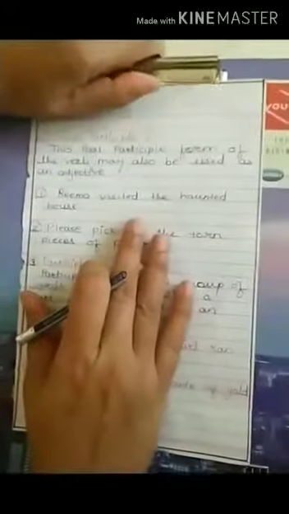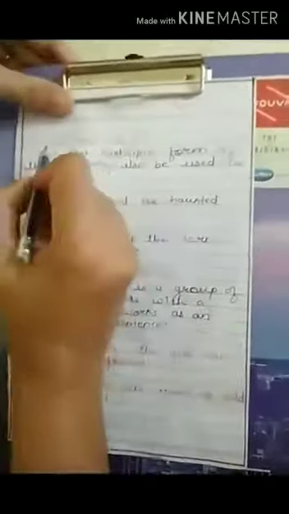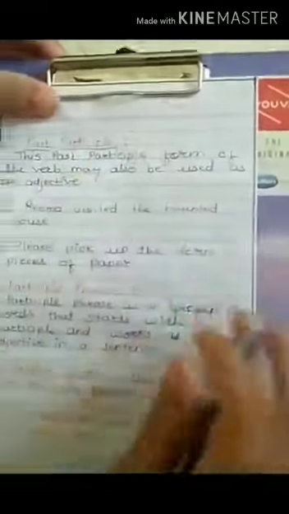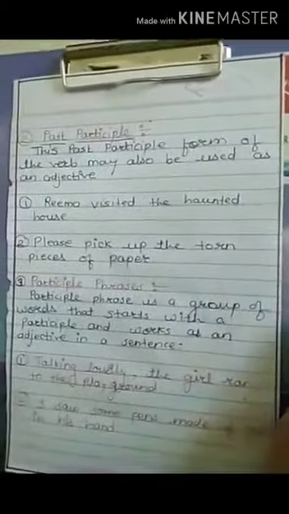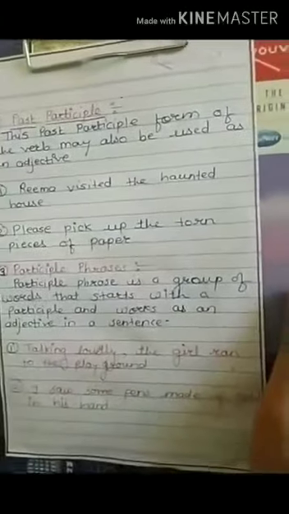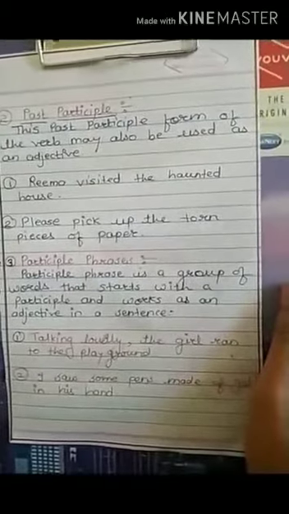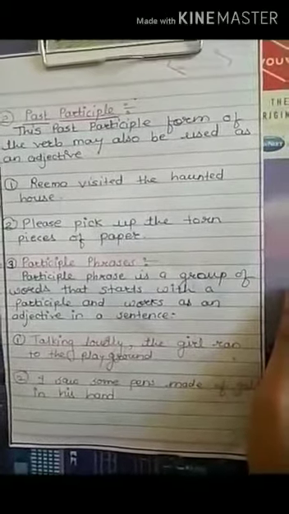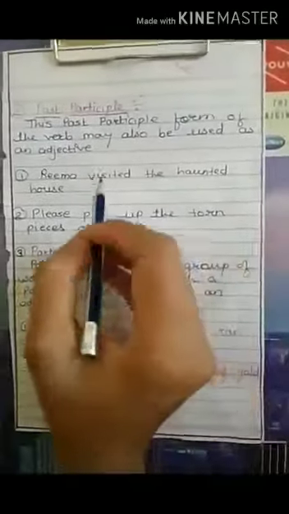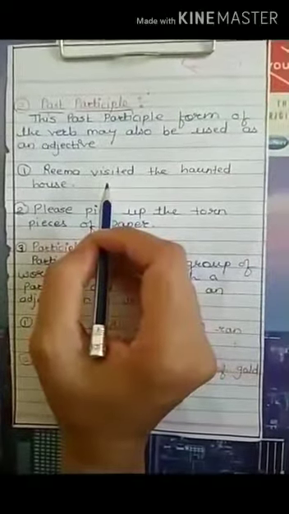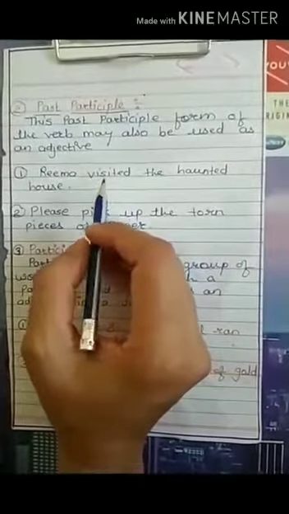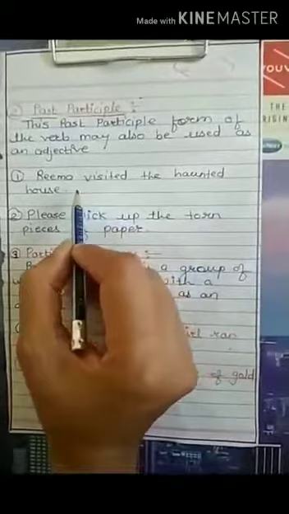Let us study the second kind, that is past participle. This past participle form of the verb may also be used as an adjective. Let us study some examples.